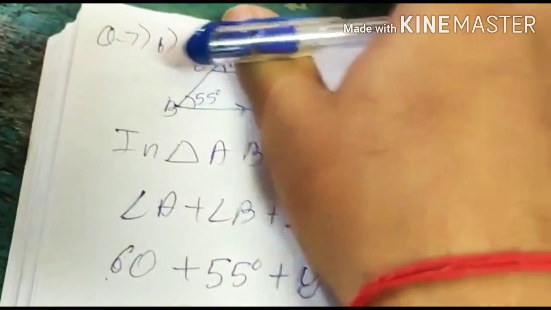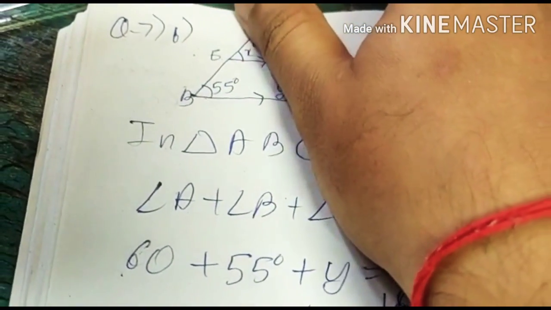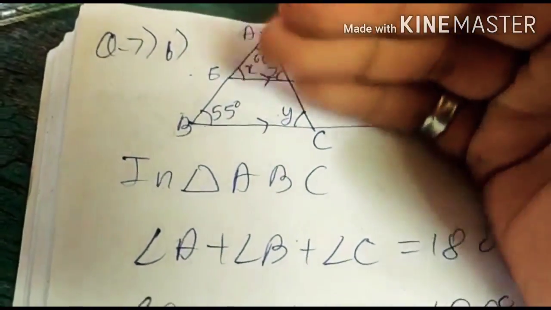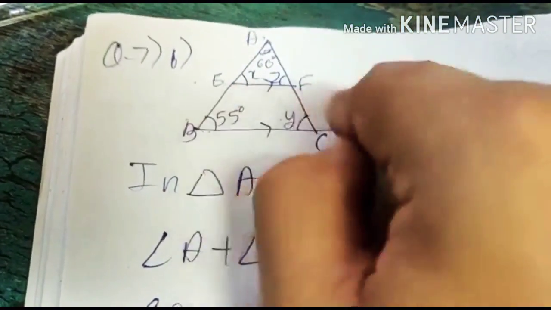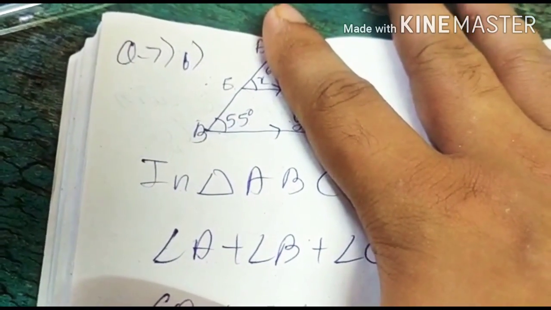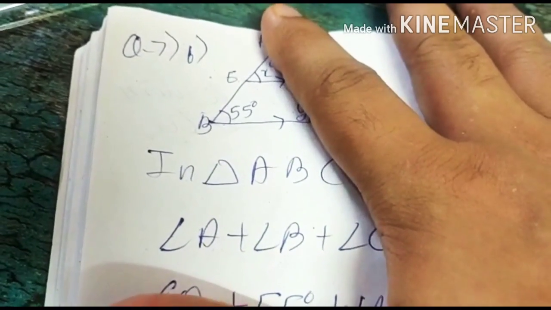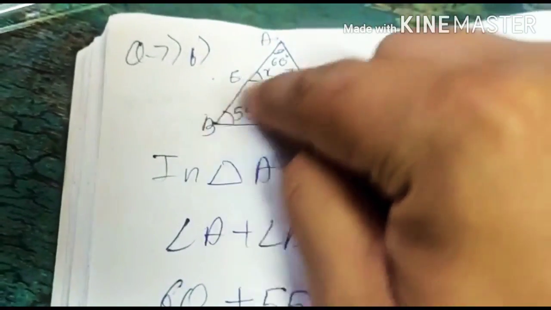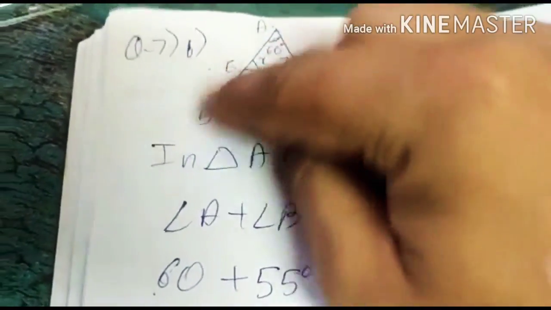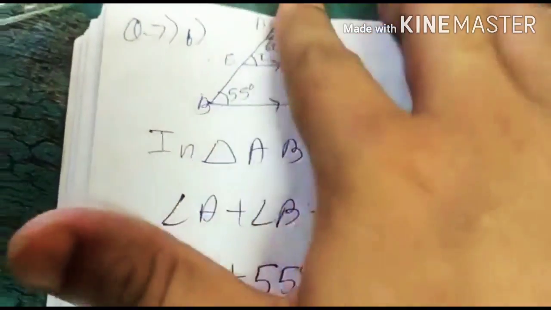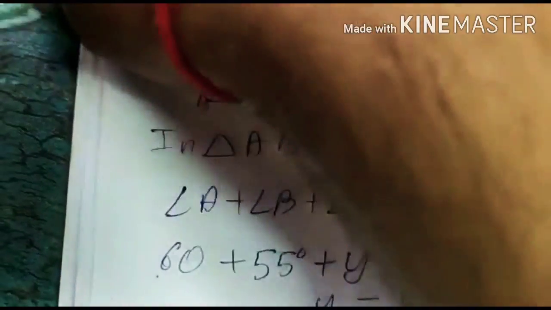So if we see here, x and 55 degree are coming on the above side of the parallel lines EF and BC. X is coming above and 55 is also coming above, cut by the same transversal BA, and they both lie on the above part of the angle.